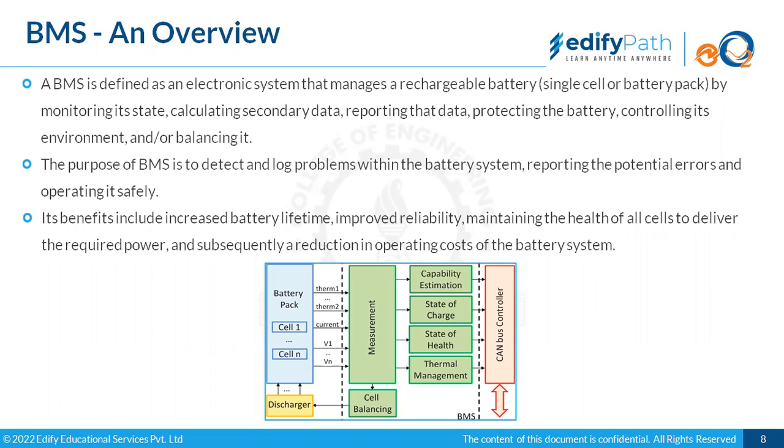It will also take care of the temperature build-up through thermal management. And it will also emit data, and we can have features where we can control the movement of the battery, and other features can also be taken care of.